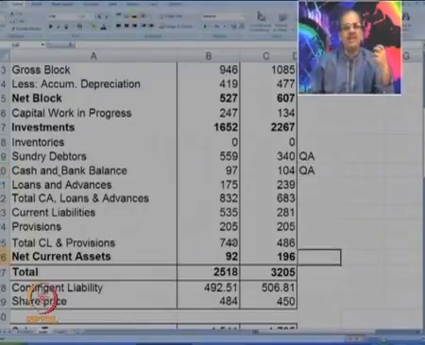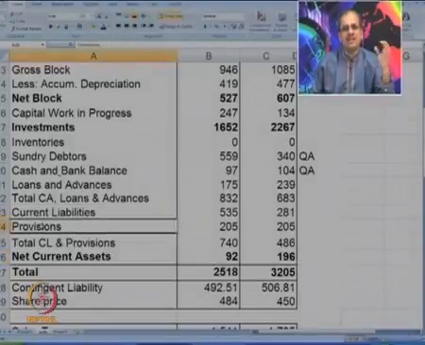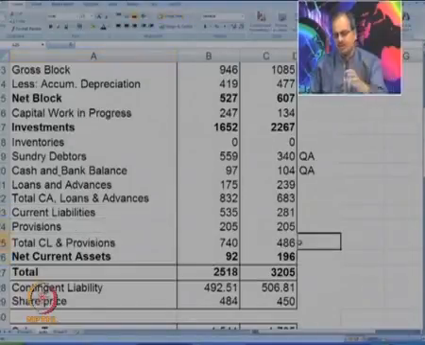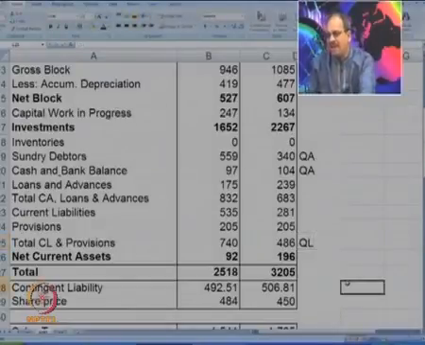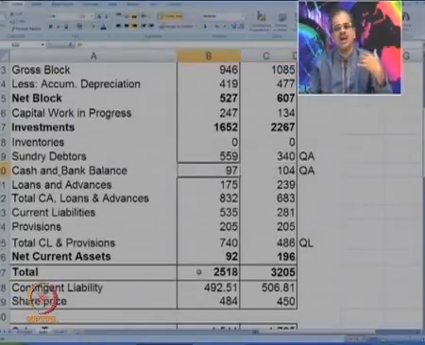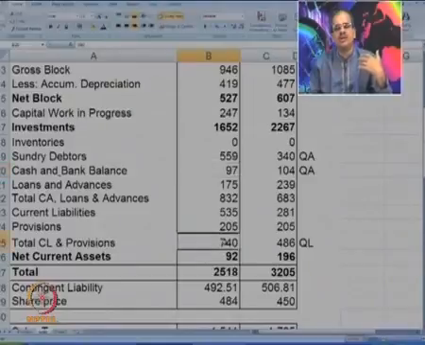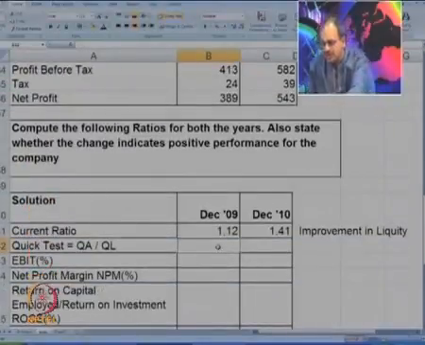Now look at the liabilities. Usually both current liabilities and provisions are treated as quick. So we are going to take their total as QL. So essentially it's a linkage of this plus this, that is debtors plus cash upon the total current liabilities and provisions. So let us try to calculate.